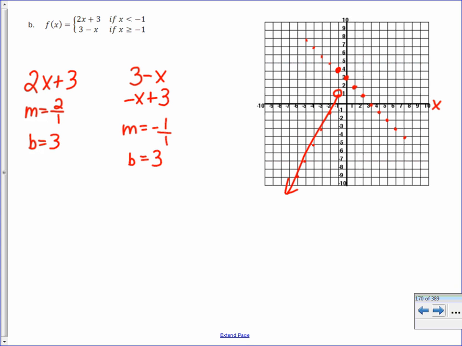So in this case, it is allowed to be a closed circle on the negative 1. Greater than or equal to, look at your x-axis. The greater thans are going to be going to the right. So therefore, that would be the graph that I would make. So I have an open circle on the first function and a closed circle on the second.